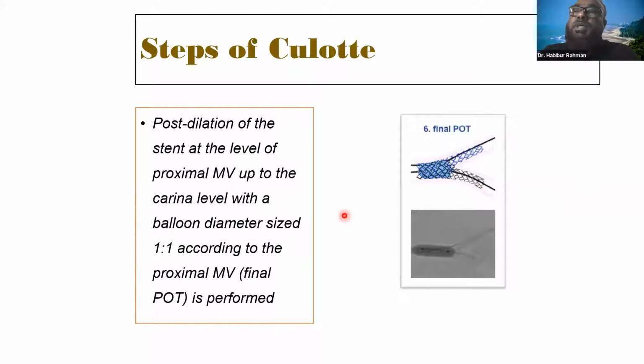Then post-dilatation of the stent, that is final POT, by a shorter balloon, which should remain in front of the carina and be adequately sized according to the proximal main branch.